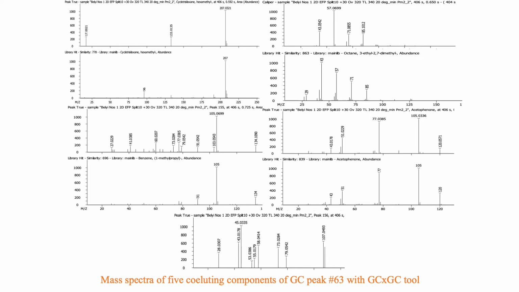So instead of one erroneously identified compound, we have four very relevant compounds from the environmental point of view. They are definitely pollutants and we should be aware that they are present in the sample. Great! Instead of one erroneous, four relevant peaks.